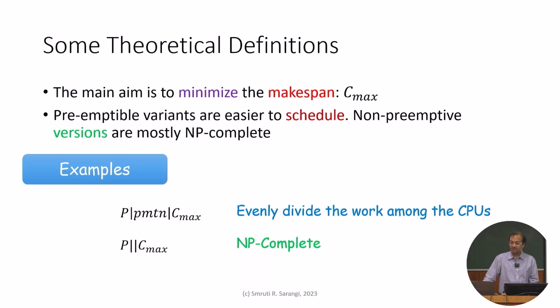So given this, we now have to create a new set of definitions for multi-core scheduling. What we look at in this case is actually Cmax, right? So this is our heuristic. Assume there are M processors, and let's say this axis is time.